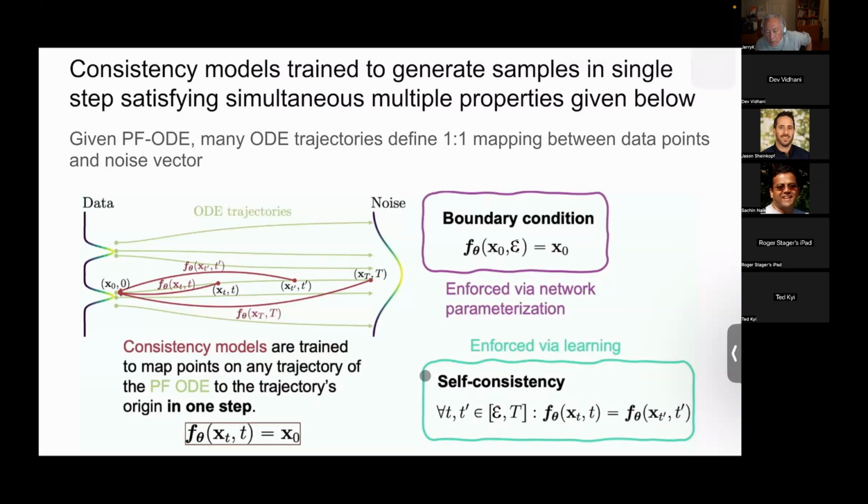This is a given, since it is a one-to-one trajectory. So this is what it is trying to learn. If a model is trained to satisfy these conditions, it becomes a valid consistency model.